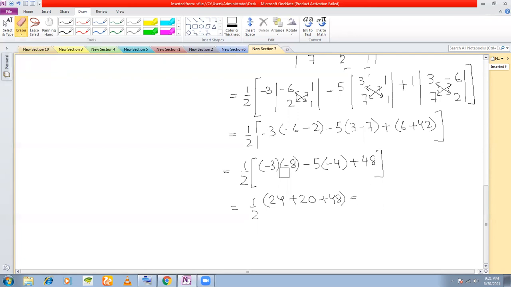In fact, it will give you half into 92, which is 46 square units. Okay, so this is your answer. Clear with this?